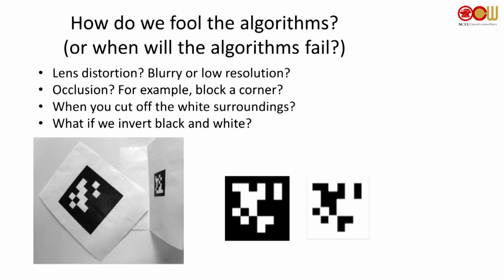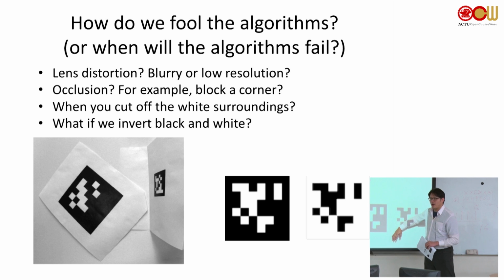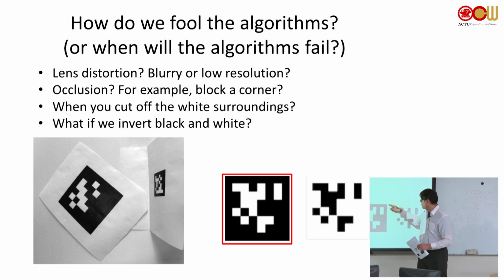How about occlusion? What if I block this? Will I still get the AprilTag detection here? Suppose we just cut a very small corner out of the tag, depending on how much of the corner you keep. If you cut it pretty deep, the algorithm will still try to do the chain segments and do like 1, 2, 3, 4 and stop, right?